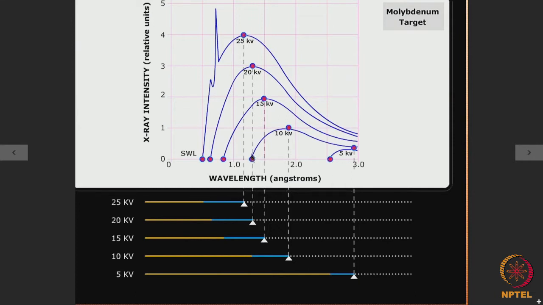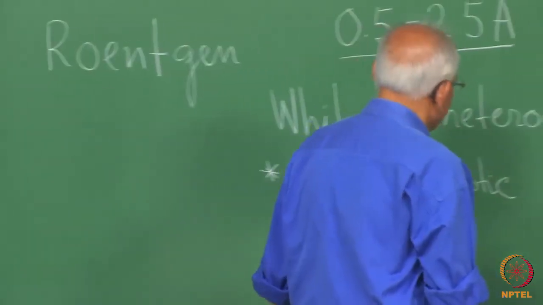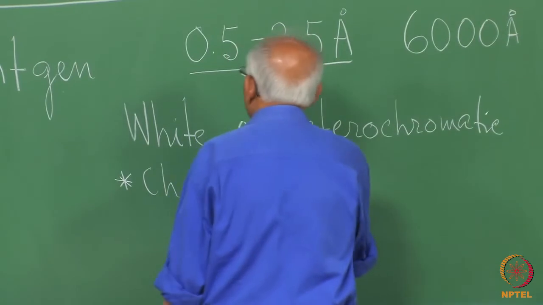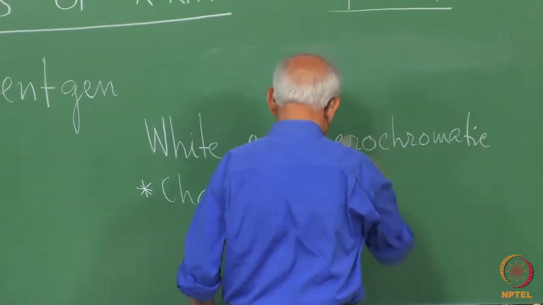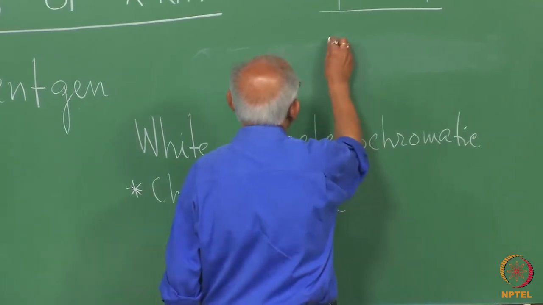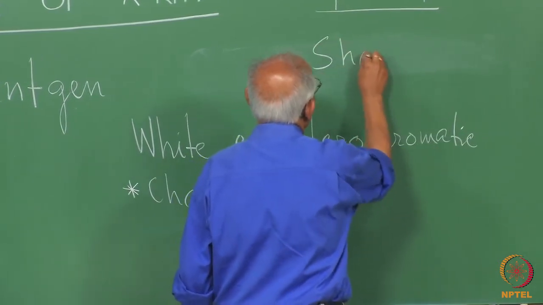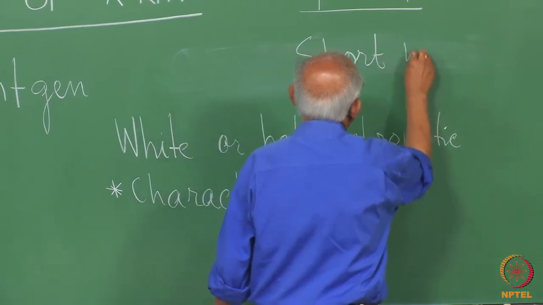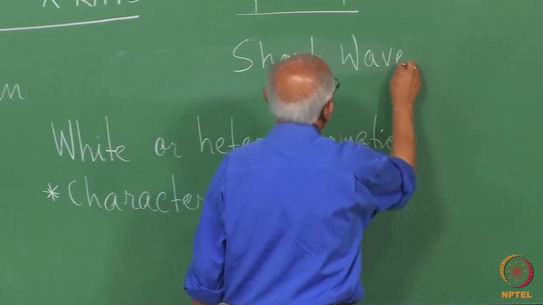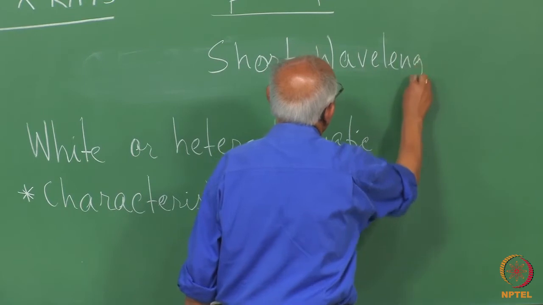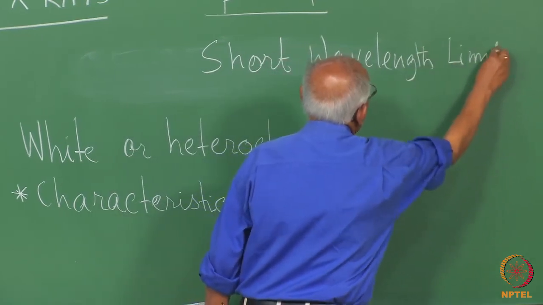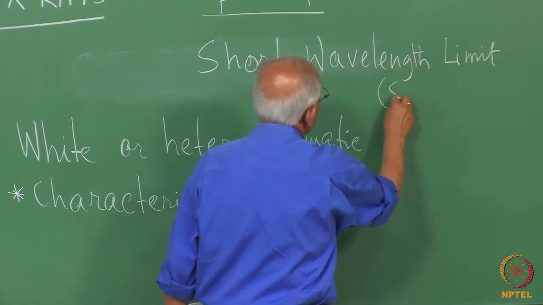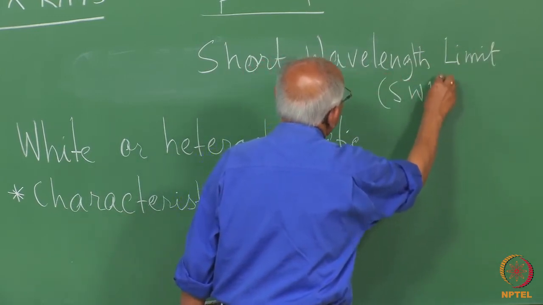So, this limit is known as the short wavelength limit or SWL.